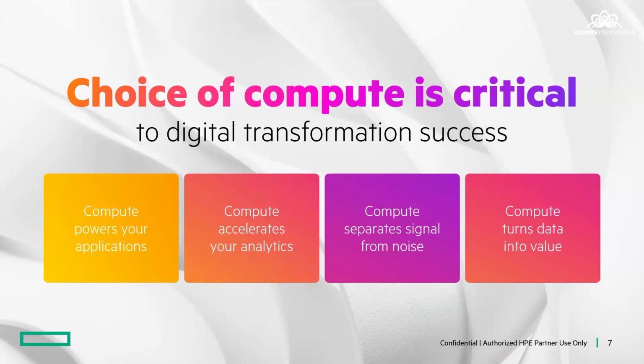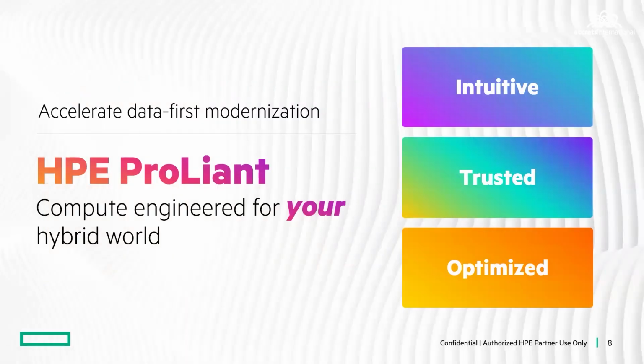Compute also turns your data into value. So when you have this valuable data, it will help you go to market and also innovate new products for the company revenue. So coming back to the three pillars that I mentioned earlier, what is intuitive, what is trusted, what is optimized?